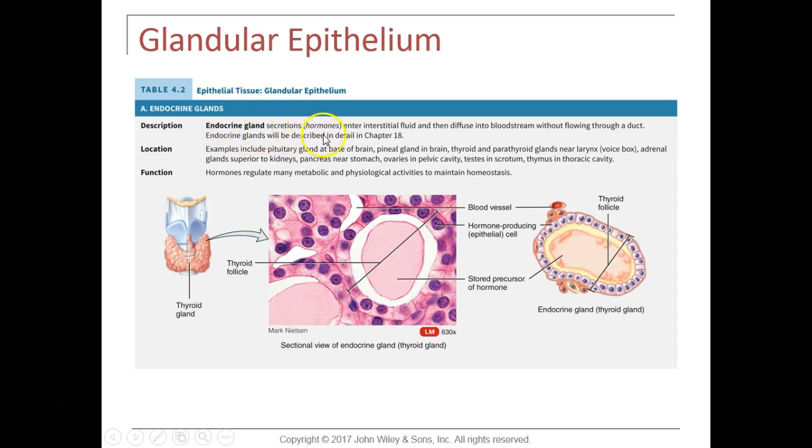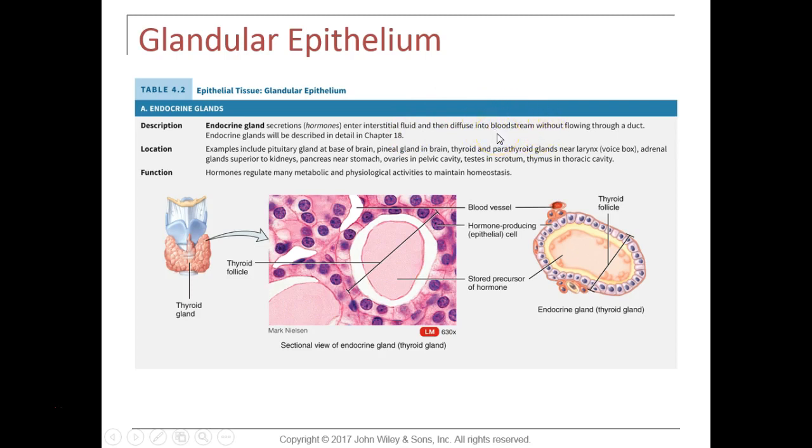All endocrine glands produce a hormone and secrete it into the extracellular space, or what we call the interstitial fluid, covered in chapter 1. And those hormones then diffuse into the bloodstream and are transported around the body.